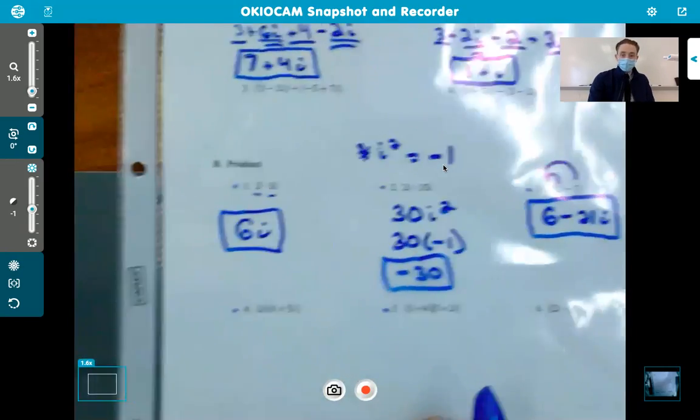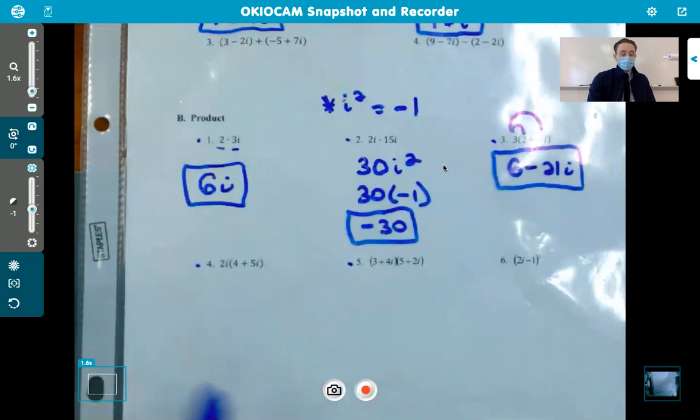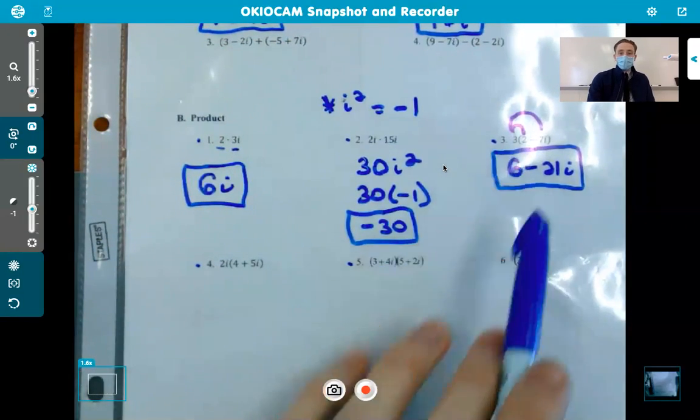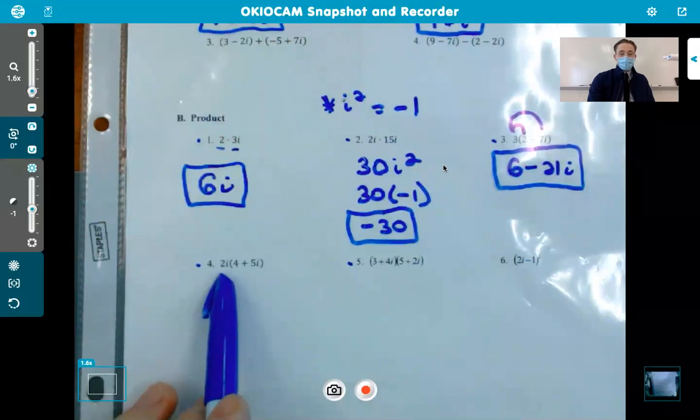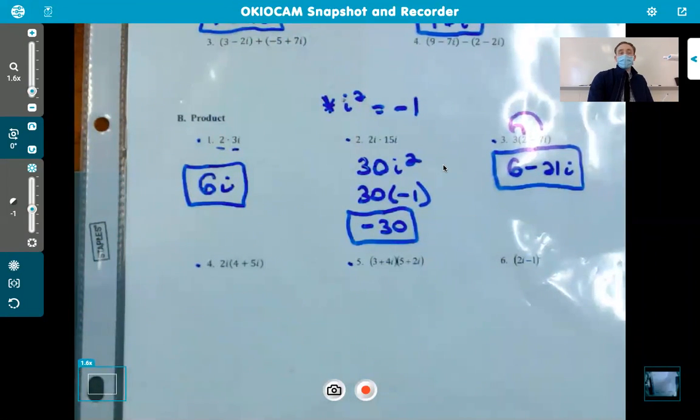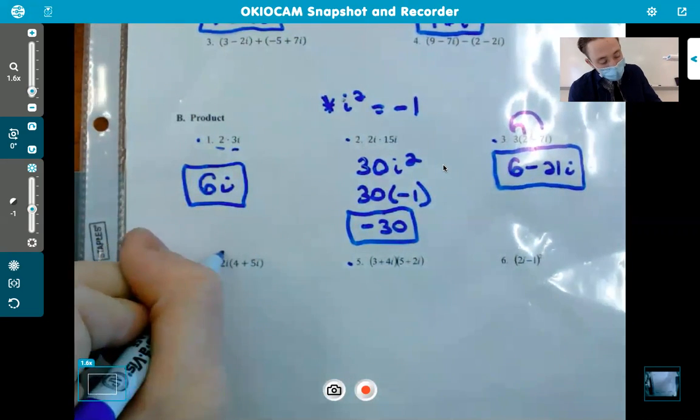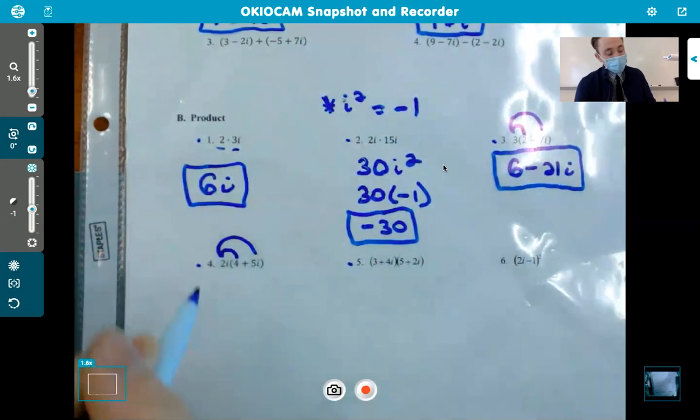Okay. Let's take a look at number 4. Now, instead of having a real number times a complex, I have an imaginary number times a complex. Not really going to change my method here and how I would simplify. What should I do with that 2i? Again, right? We distribute. So I'll do 2i times 4 and 2i times 5i.